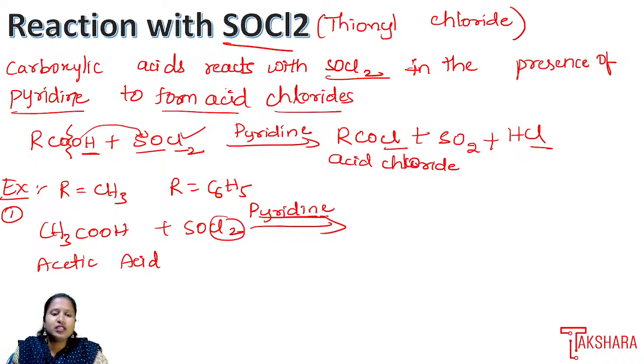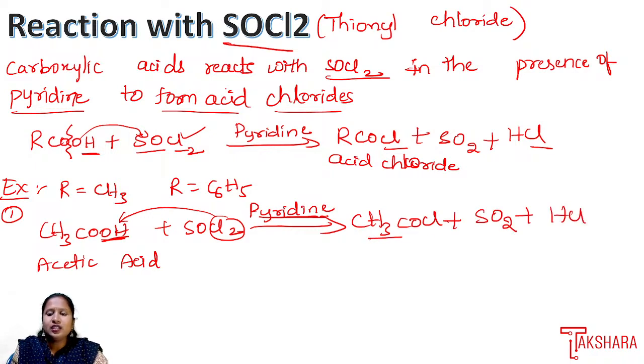So again one Cl is going to replace the OH. So CH3COCl plus sulfur dioxide plus HCl. Where CH3COCl is what? Acetyl chloride. Acetyl chloride is going to form.